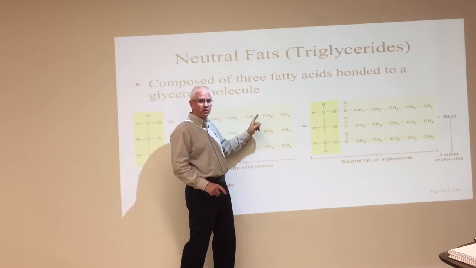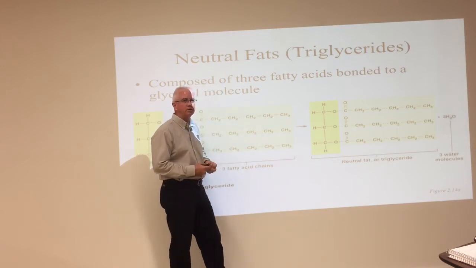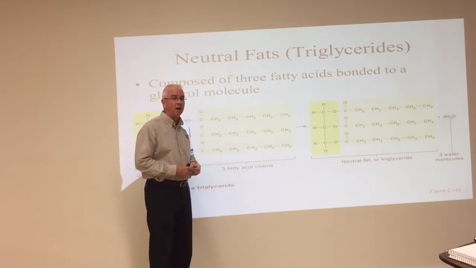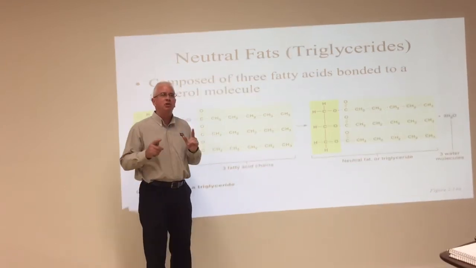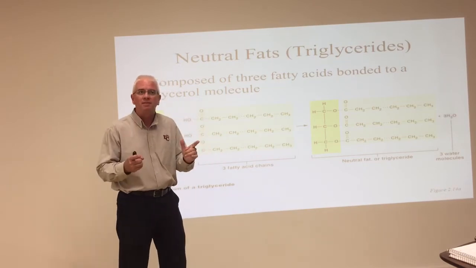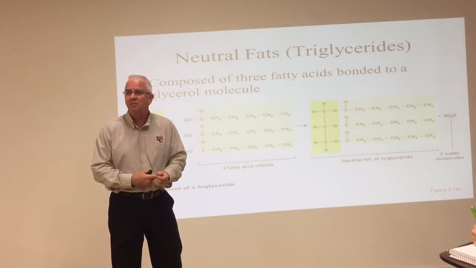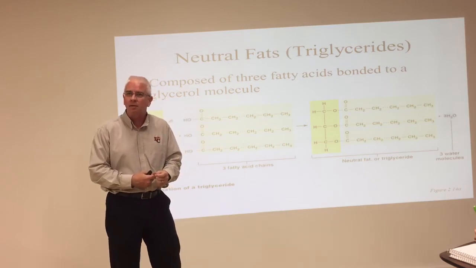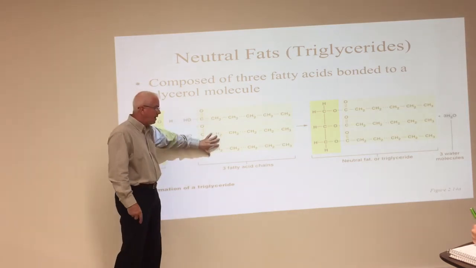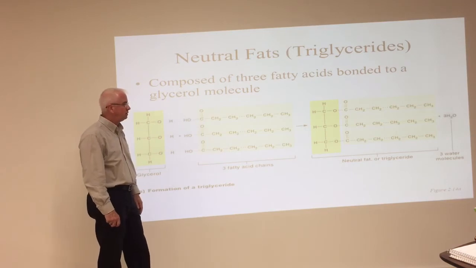Are you following me? Lots and lots of carbons here to make these triglycerides. So, gram for gram, this stuff has a lot more energy in it, because energy in the human body is carbons. Cutting up carbons. That's how you make energy. You cut up the carbons. All right, so there's a lot more carbon available here to burn for energy in triglycerides.